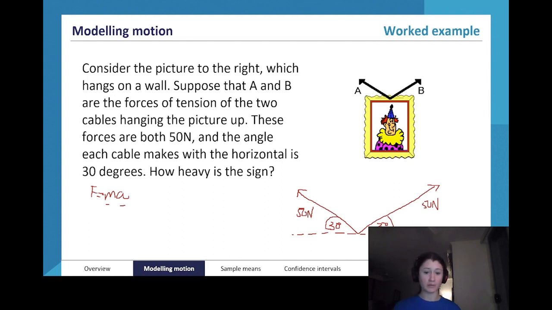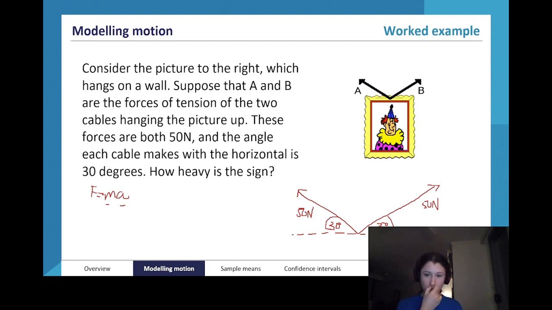Looking at our diagram, what we can do is find our force that is acting in the vertical plane, because of course our acceleration is acting in a vertical plane, so our force needs to be acting in a vertical plane. What we can do is add these two together and see what we end up with.